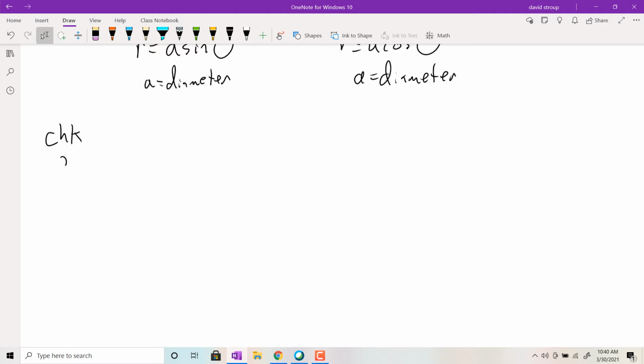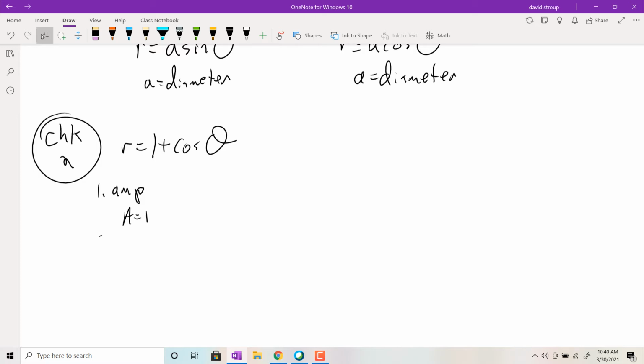This is checkpoint 2. And we have r equals 1 plus cosine theta. When you graph this, remember, there's an amplitude. The thing in front of the cosine is just 1. There's no phase shift here. The period is the traditional period, and theta is between 0 and 2 pi. The tick marks are 2 pi over 4, so pi over 2.